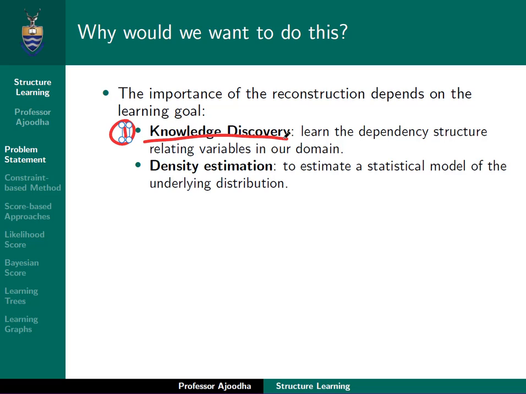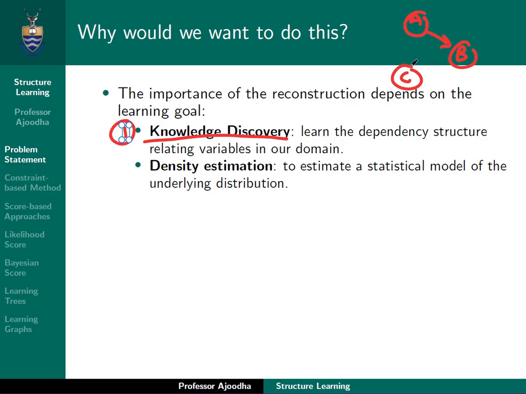Knowledge discovery has to do with learning associations between variables that perhaps we didn't know about. So maybe, let's say A is influencing B, and then there's C involved here. Maybe this is our current understanding of reality, that these variables have these types of independencies.